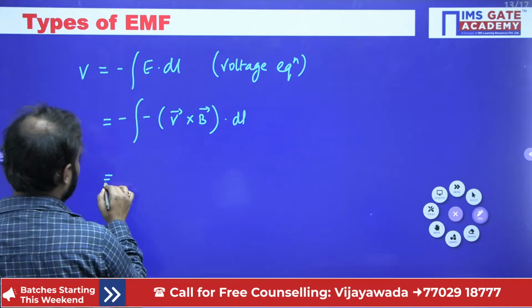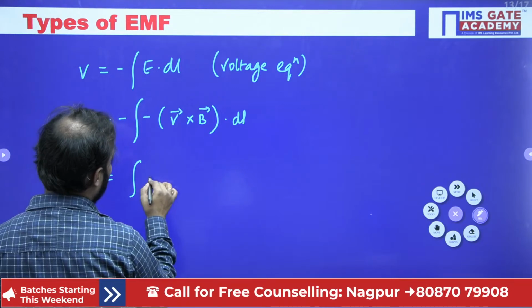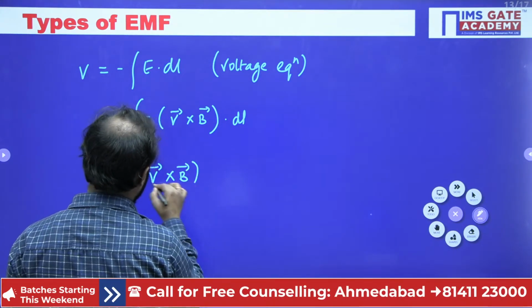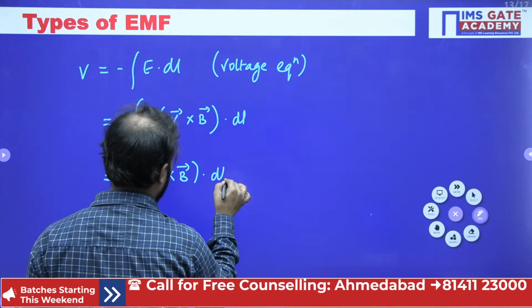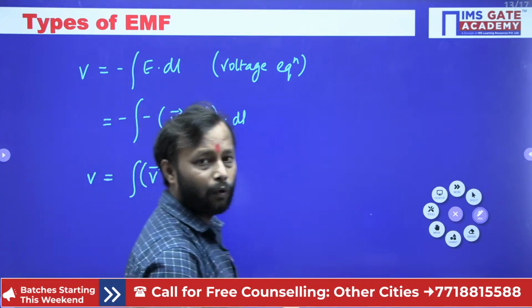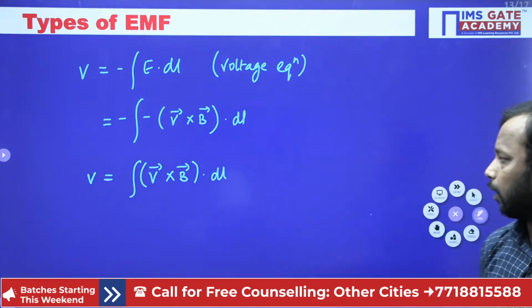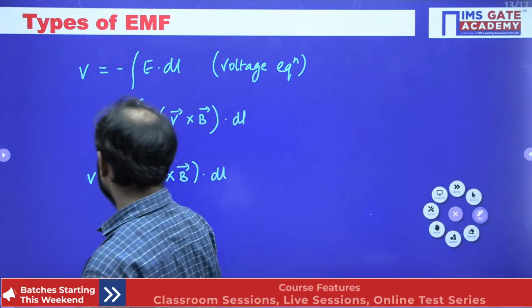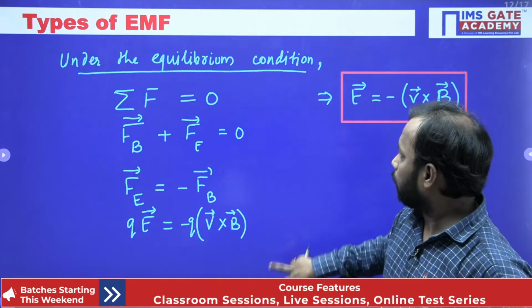This minus minus will become plus. We will get integral of V vector cross B vector dot dl. So this is the induced voltage equation in the conductor. All right. So see.